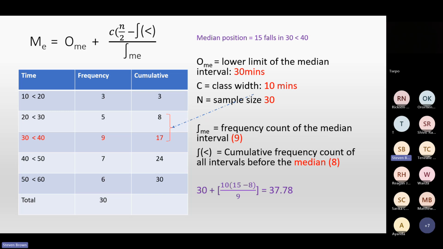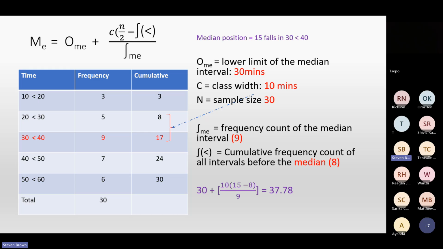So we're looking for the data point that is halfway, which means you take 30 and you divide by 2. So now we get 15. Now we've got a number, 15. Now what are we going to do with number 15? We're going to say to ourselves, where does 15 fit in our cumulative column? Because we're looking for where the 15th data point sits, and then that is your interval.